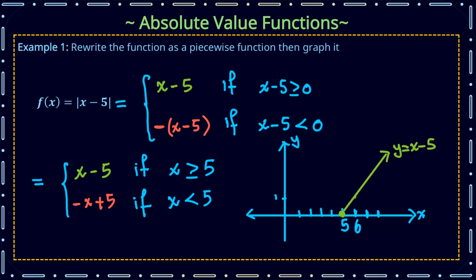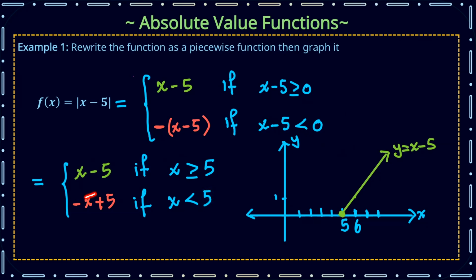To draw the second piece, I have to choose numbers over this interval. This interval has a boundary point of 5. 5 is not included in the interval, but it's a boundary point. You want to know where the graph begins, so you start by picking the boundary point itself, 5.